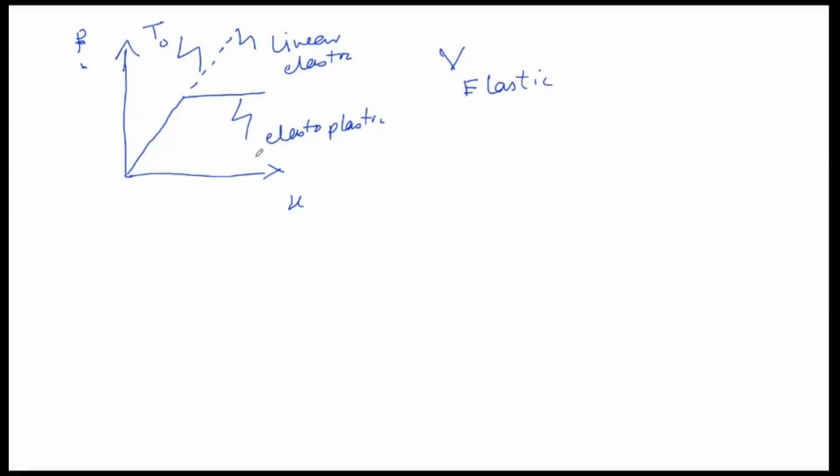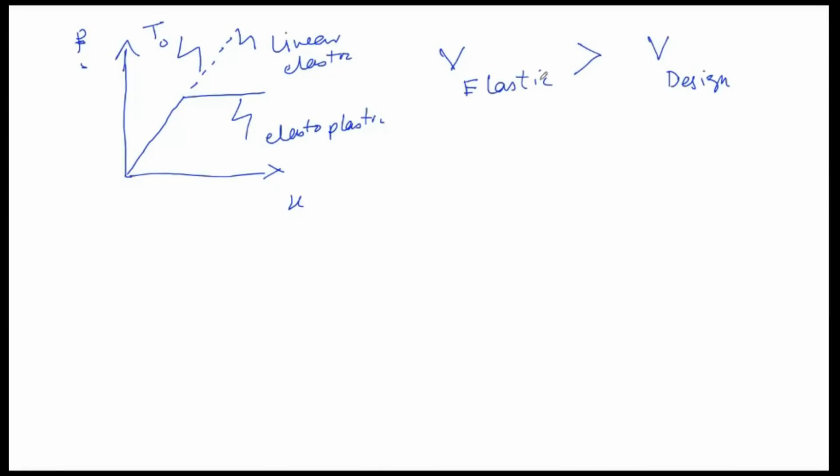And in most cases, the buildings which are designed according to the code are designed for a force, let's say that is represented by V design, and this design base shear is always less than the V elastic.